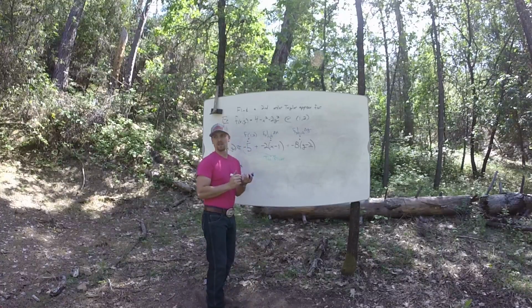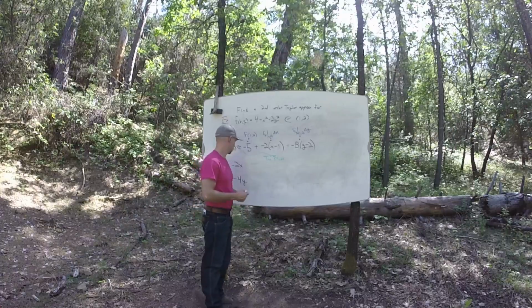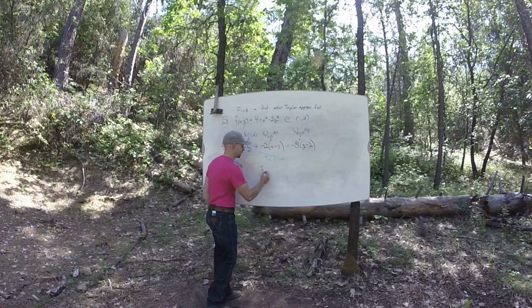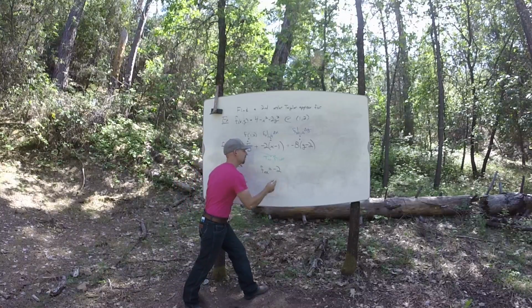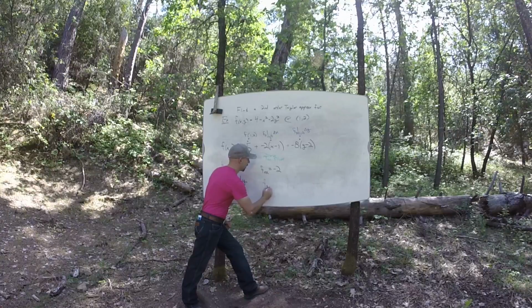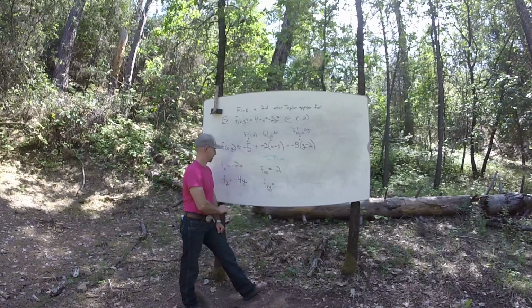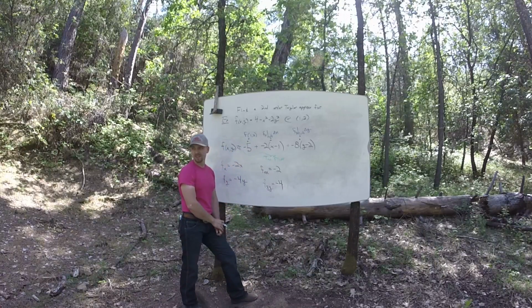Okay. So then what's your next bit? You need fxx, which is negative 2. That's convenient, right? Because it doesn't matter where I'm evaluating. Fyy, which is negative 4, also doesn't matter where you're evaluating.